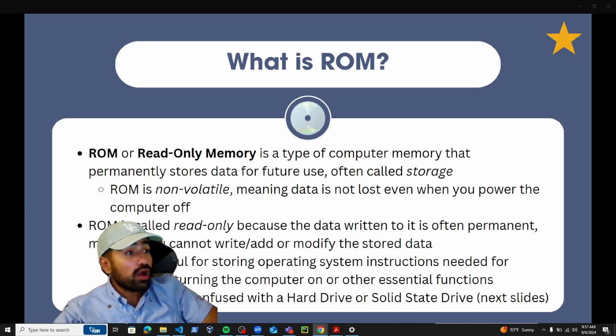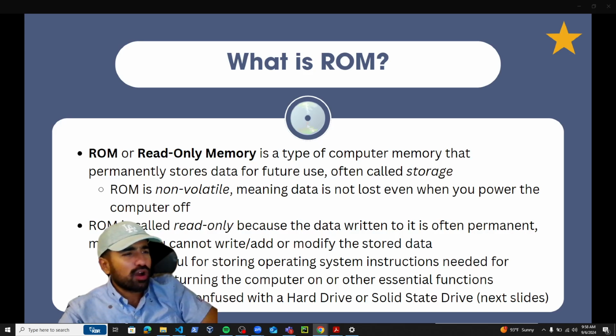In fact, ROM is called read-only because the data you write to that hardware, to that physical electrical component, is usually permanent, meaning you can't change it. So read-only means you can only read the data that's on there. You can't write new data, and you can't modify it. You can't do anything else to that data.